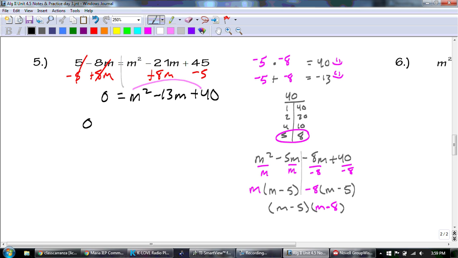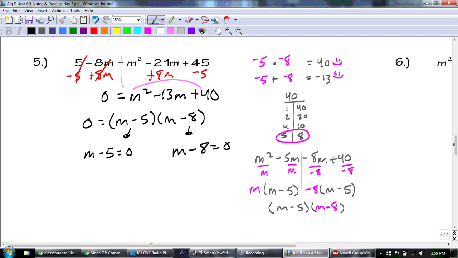So my next steps, m minus 5, m minus 8, and then everything with a variable I set equal to 0. So my answers are m equals 5 and m equals 8.